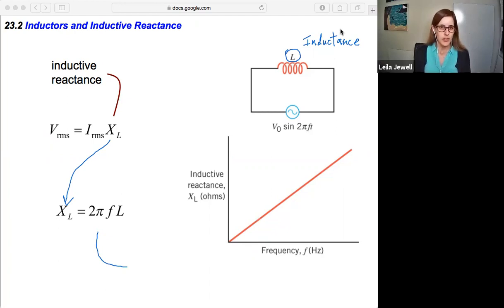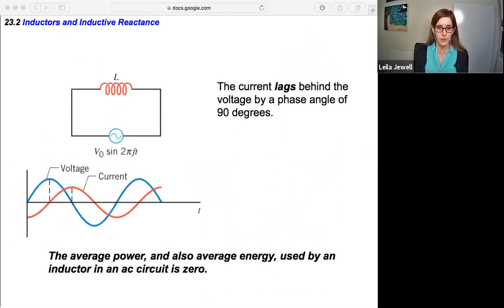What about the current and the voltage and that whole phase thing? Well, we can look at it for inductors too. When we have an inductor in an AC circuit, the current, instead of leading the voltage by 90 degrees, lags behind the voltage by a phase angle of 90 degrees.